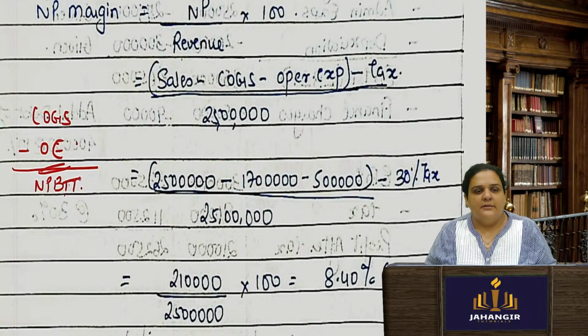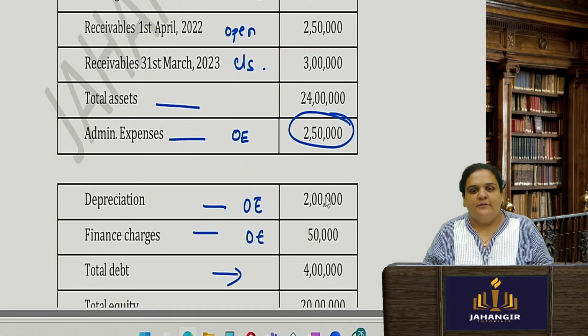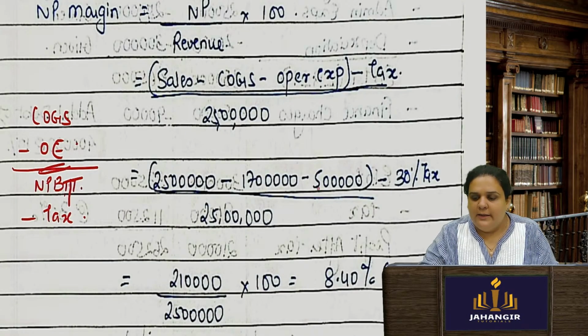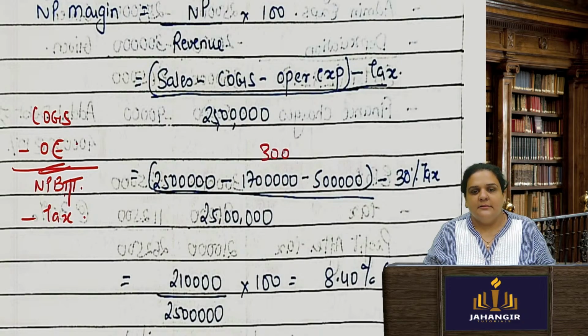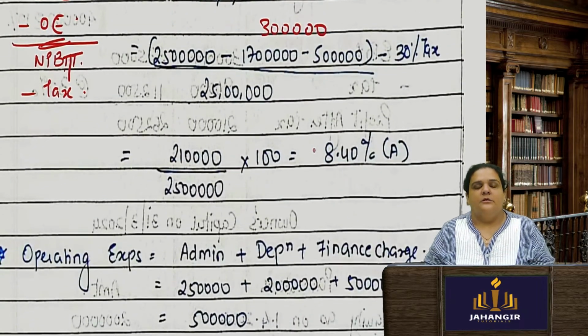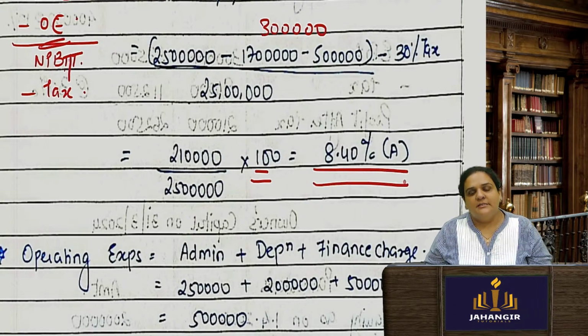So directly this is net profit before tax, minus tax. Total operating expense is 5 lakhs, 2 lakh 50 plus 2 lakhs 50, 5 lakhs. Tax rate is 30%. So 25 lakhs minus 17 lakhs minus 5 lakhs, 3 lakhs, minus 30%, 2 lakh 10,000 upon 25 lakhs into 100. So your net profit margin is 8.40. That is A.